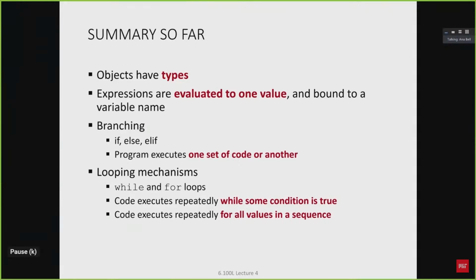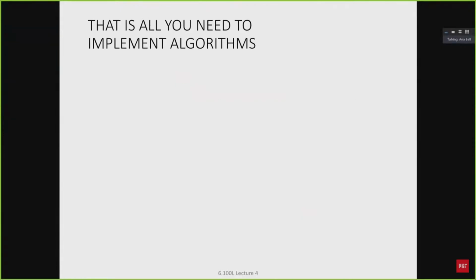And then we added the last mechanism for control flow, the looping mechanism, that says either loop or repeat this code while some condition is true, or loop this code for this sequence of values. So with that in hand, we basically have a really nice toolbox of things that we can use to write interesting programs. That's kind of all we need.